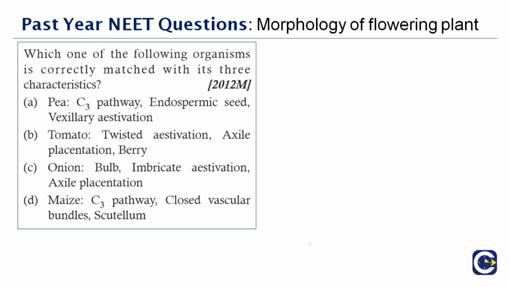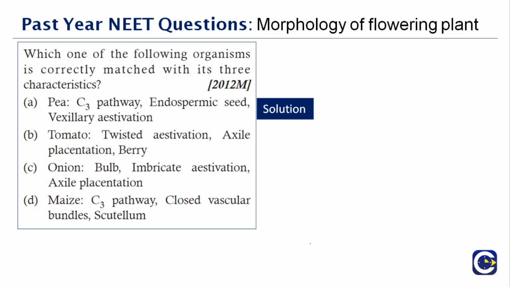Next question here. Which one of the following organisms is correctly matched with its three characteristics? So you have to analyze the statements here. The first one that you have is P. It has C3 pathway, endospermic seed, vexillary aestivation, wrong. Tomato, twisted aestivation, no. Onion is a bulb, we all know that.